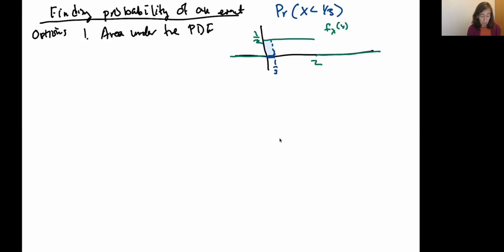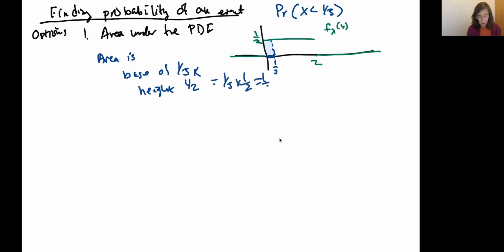So the area is the base of 1/3 times the height of 1/2, and 1/3 times 1/2 is just 1/6.